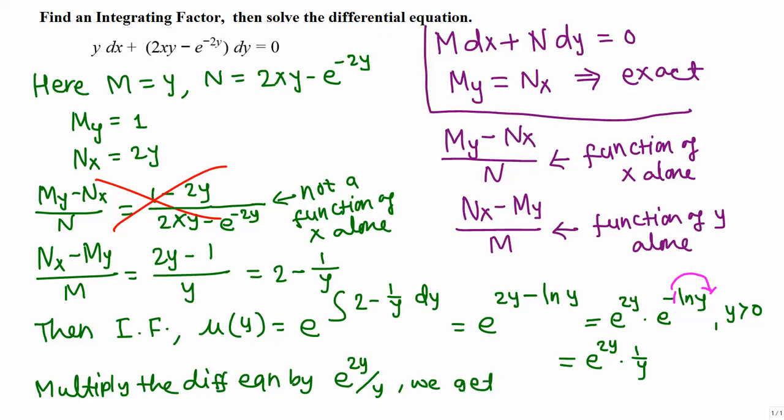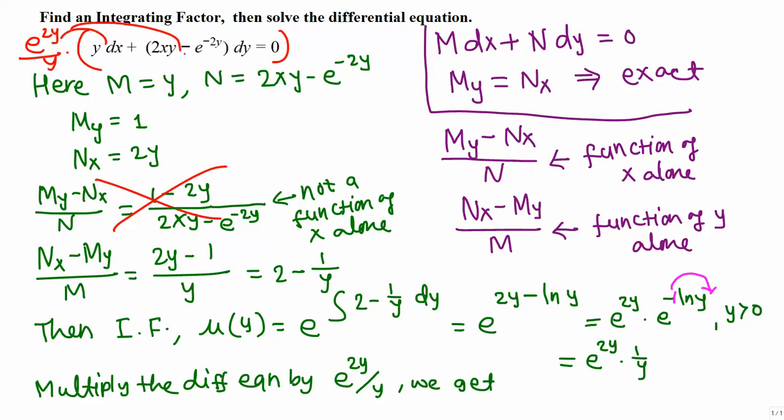When we multiply by e to the 2y over y, y and this y cancel. Let me write over here. So we are multiplying throughout by e raised to 2y over y.